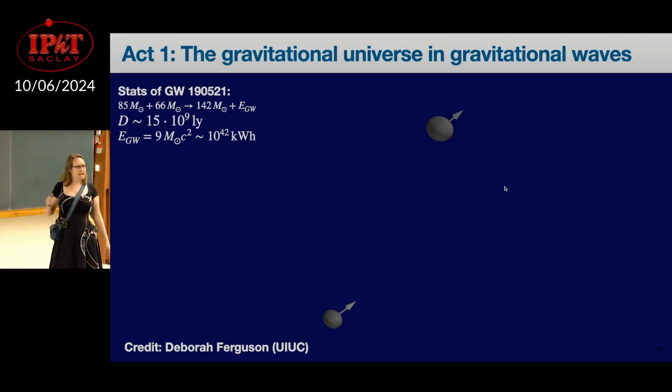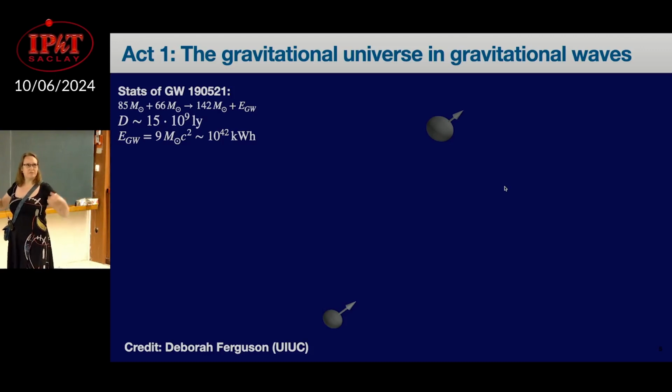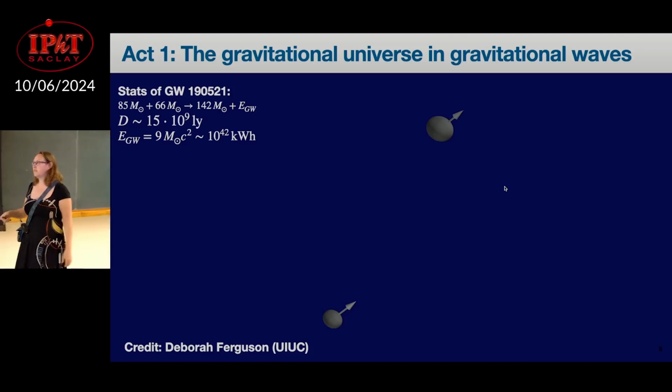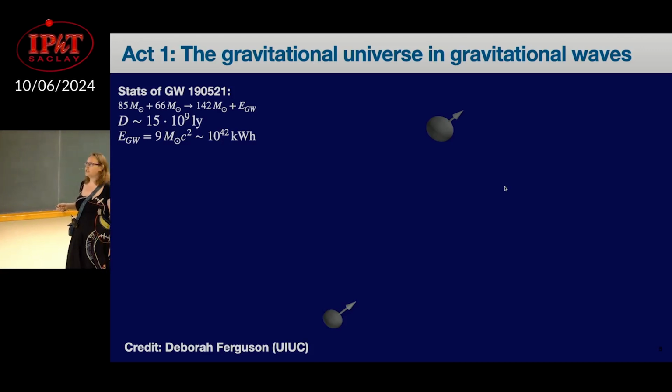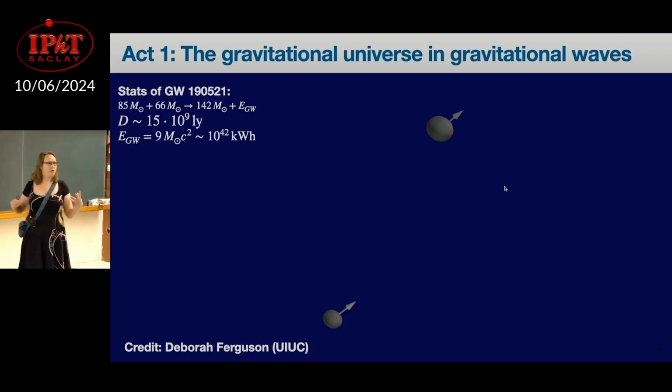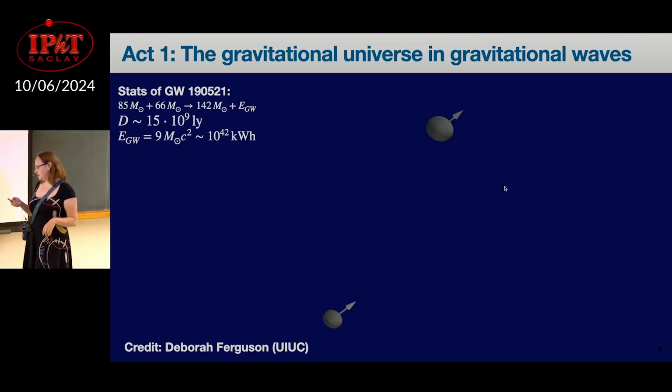This is a simulation of one of the most massive binary black hole mergers that we have detected so far, where our black holes have initially a mass of 85 and 66 solar masses merging into a new black hole of 142 solar masses. So this is where we go into a regime that we call intermediate mass ratios.